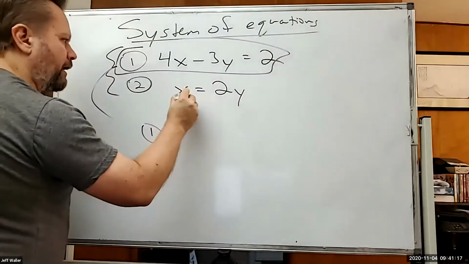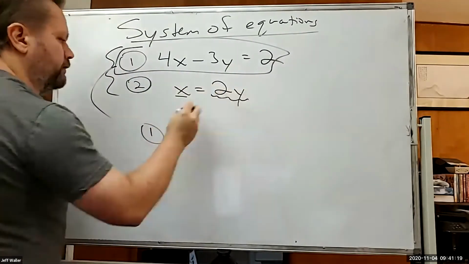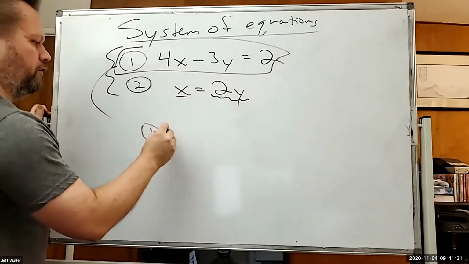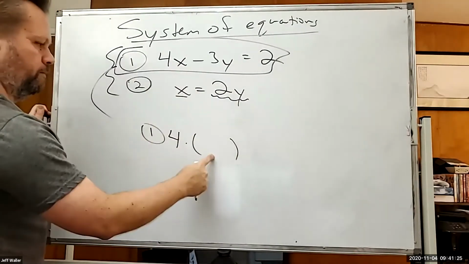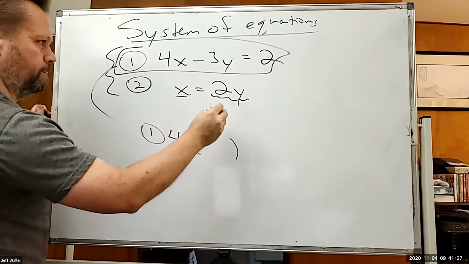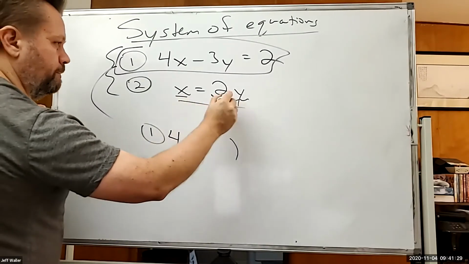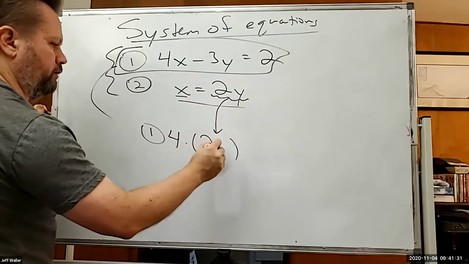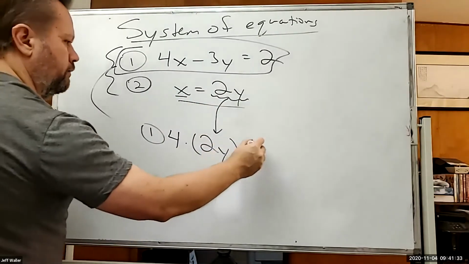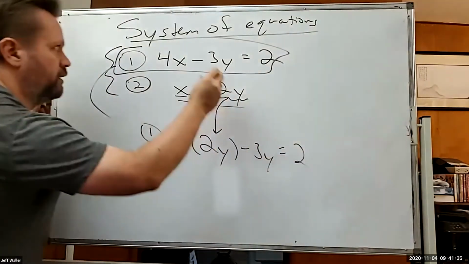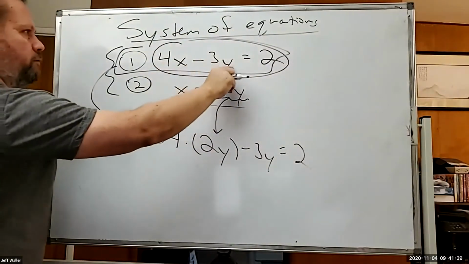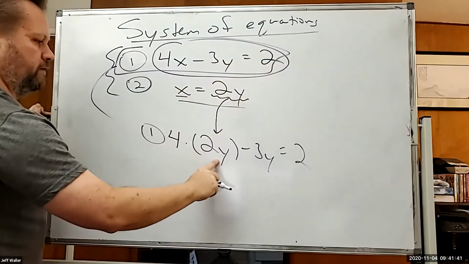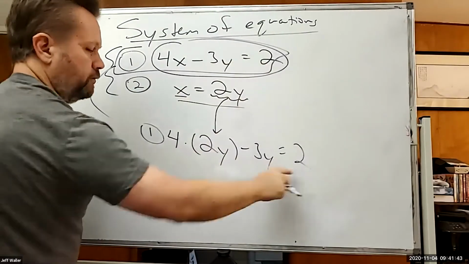I know that x is 2y. So if I start to write this equation, 4 times x, but what is x? 2y, that's right. Do you understand how I just rewrote this? 4 times x minus 3y is 2.